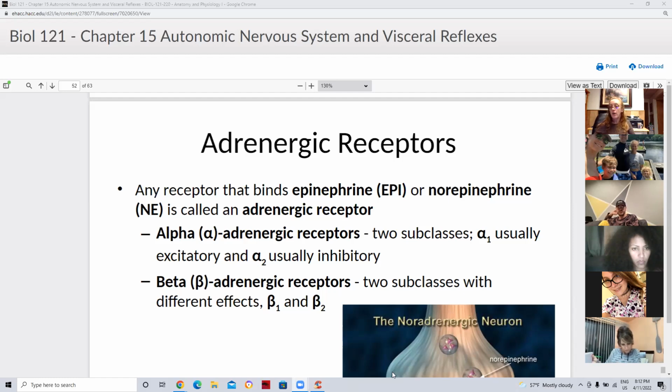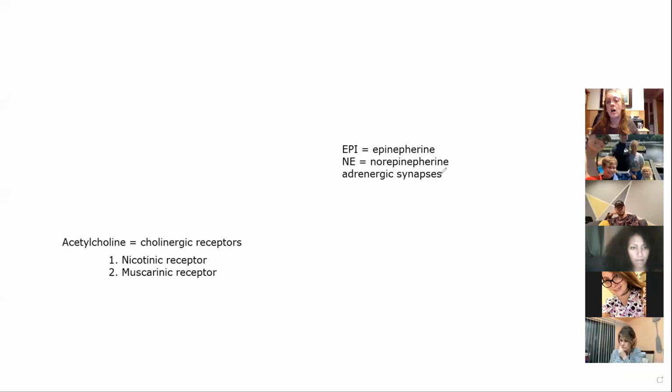Beta 1 and beta 2 have different effects that can be inhibitory or excitatory. So all adrenergic synapses have adrenergic receptors.